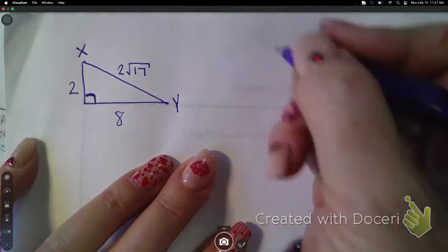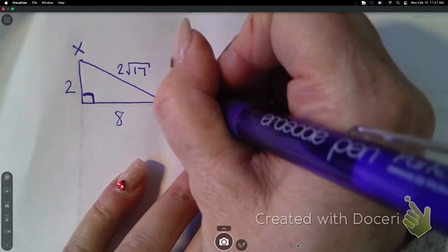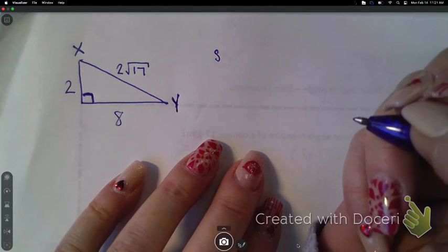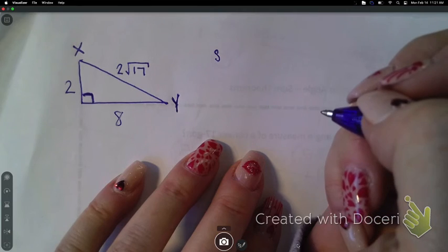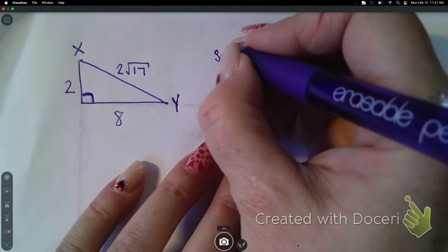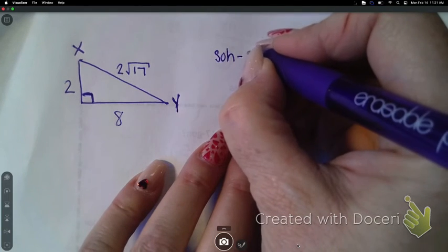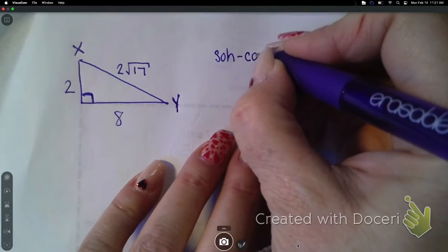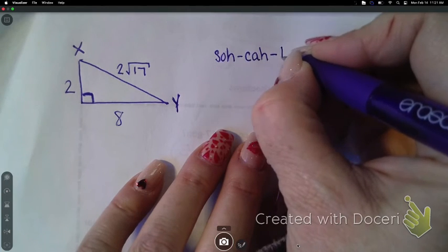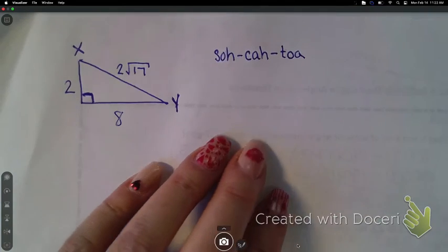And at the top of my page, I'm going to write what thing to remember: SOHCAHTOA. So S, O, H, C, A, H, T, O, A. I'm going to write that on my paper, right?